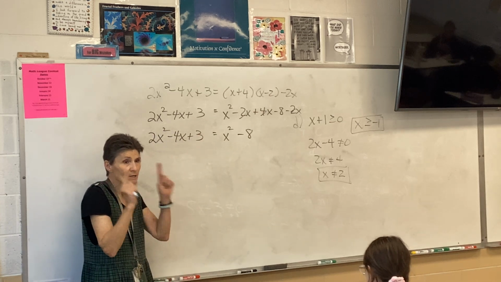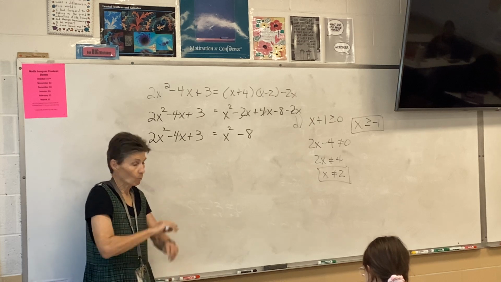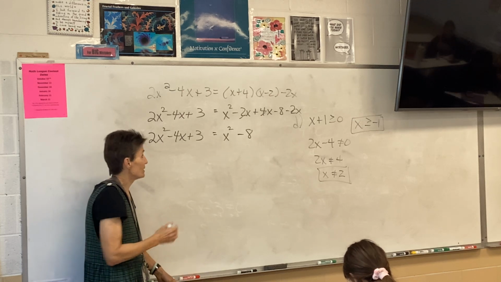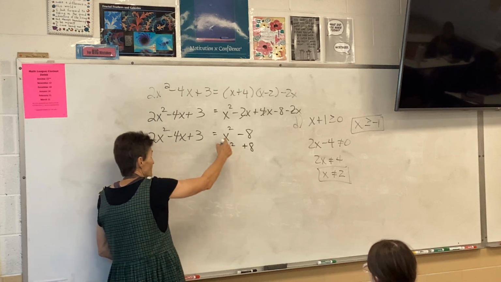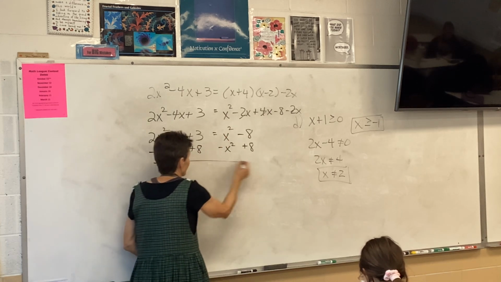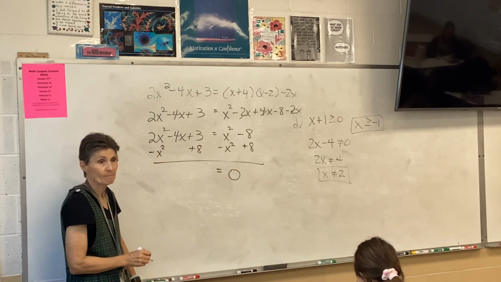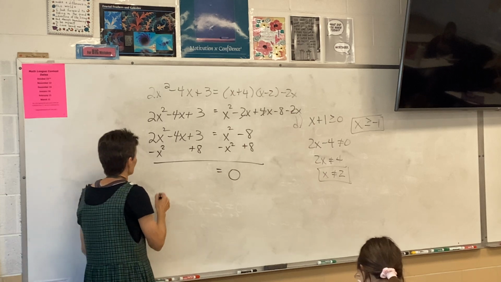Now, what do we do at this point every single time? Get one side equal to 0. Whatever side you want, it doesn't make any difference. This time, I think I'll move this and move this. So I'm subtracting x squared and I'm adding 8. Is that all right with everybody? So what am I left with?